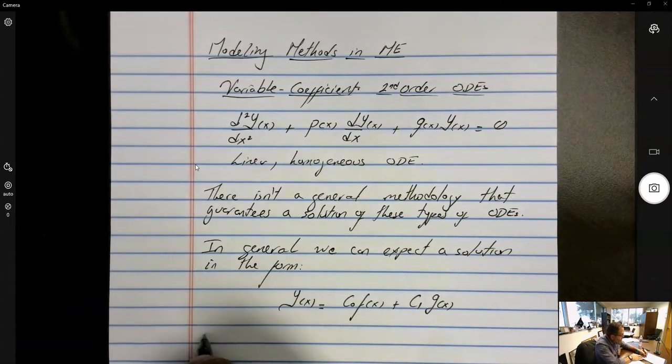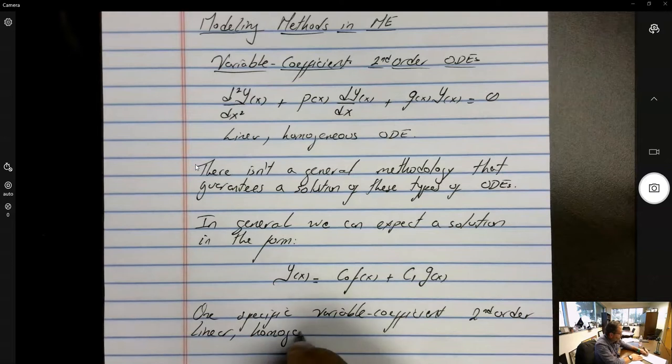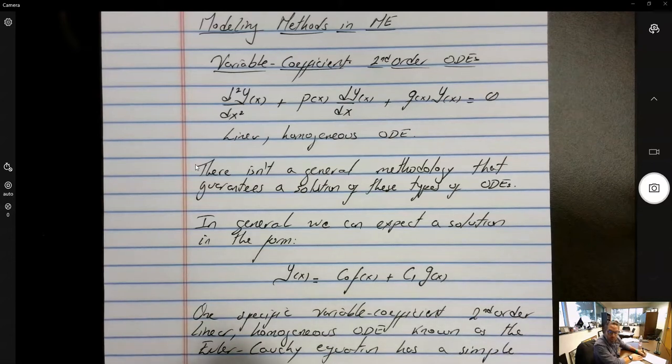Now there's one specific variable coefficient second order linear homogeneous ODE known as the Euler-Cauchy equation, which has a simple solution approach.